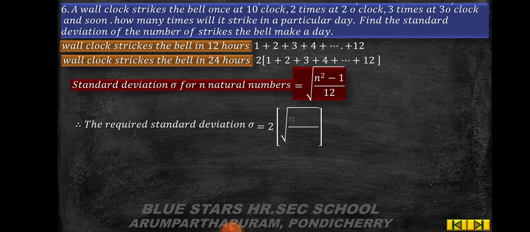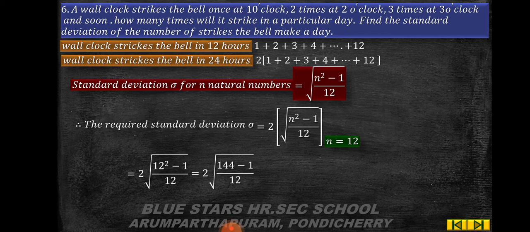Therefore, the required standard deviation sigma is equal to 2 into root of (n square minus 1) by 12. So n is equal to 12, which is equal to 2 into root of (12 square minus 1) by 12, which is equal to 2 into root of (144 minus 1) by 12, which is equal to 2 into root of 143 by 12.